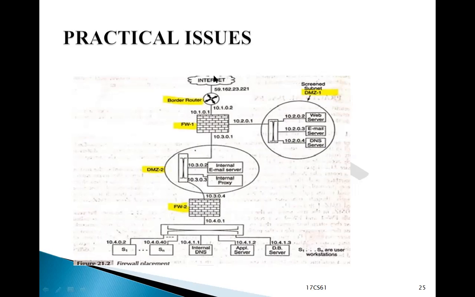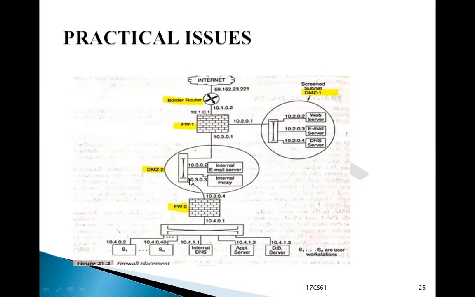One is the internet, and second is the region containing the publicly accessible servers, which includes the internet email server and internal proxy. The third one is the internal network, where the internal DNS, application server, DB servers, and some individual user workstations are connected to this firewall.